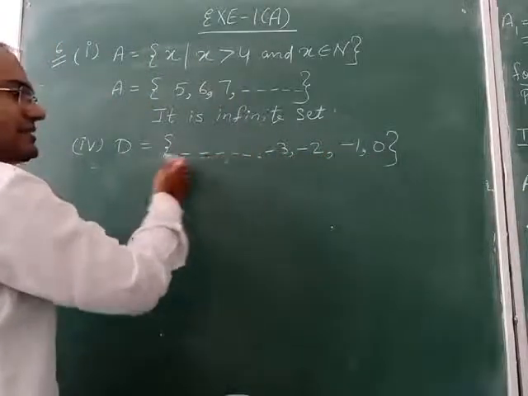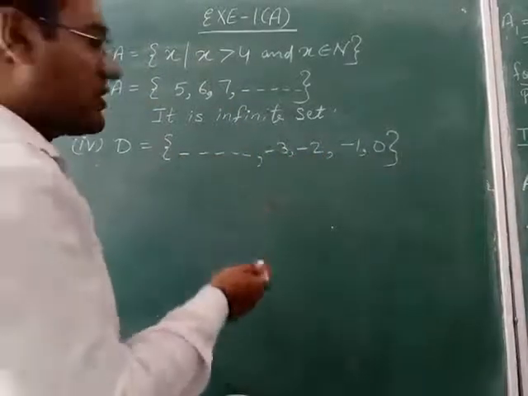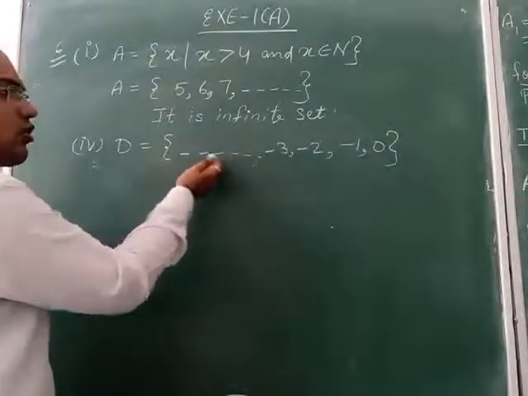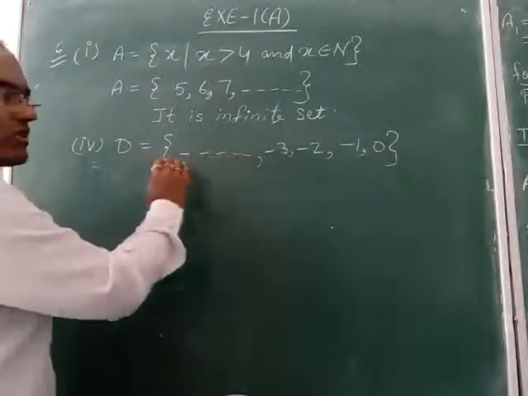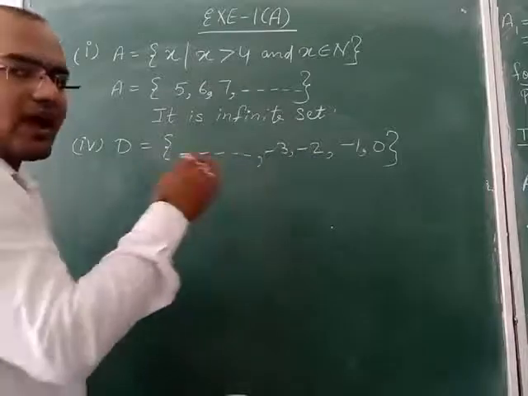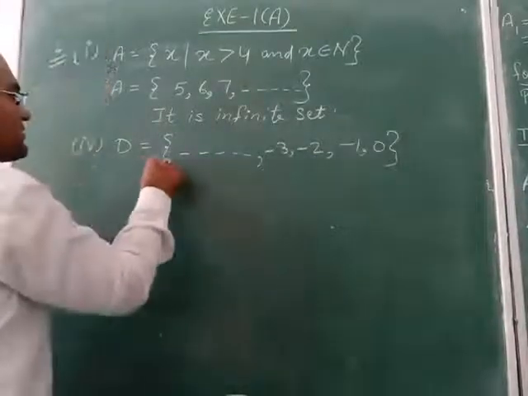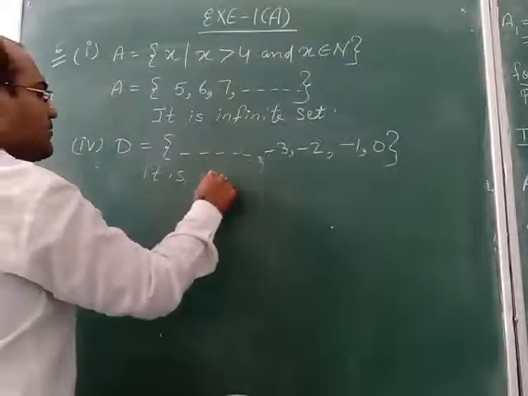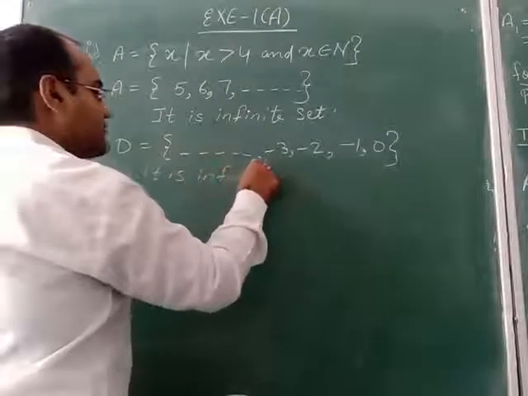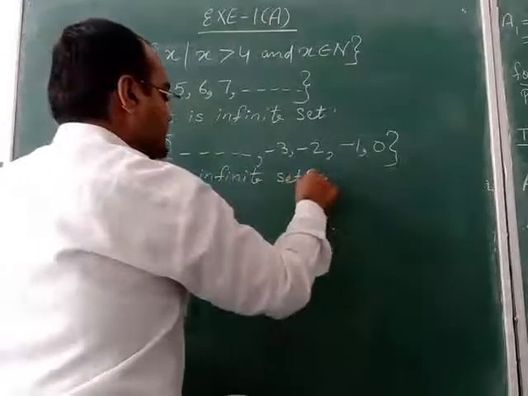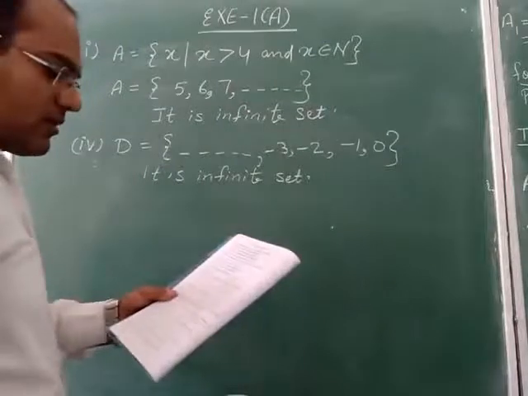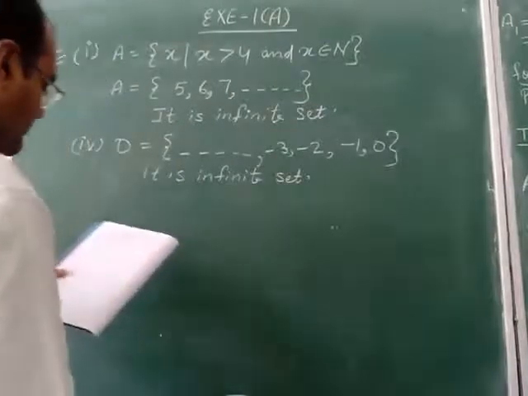When we go backwards, numbers are decreasing. Here the dashes are coming, so on means there is no end. This series does not end, so we will write it is an infinite set.